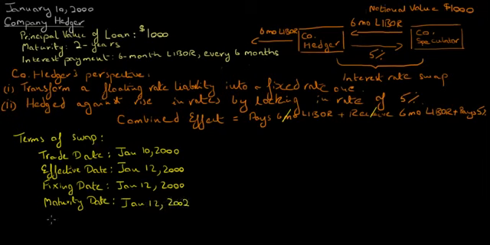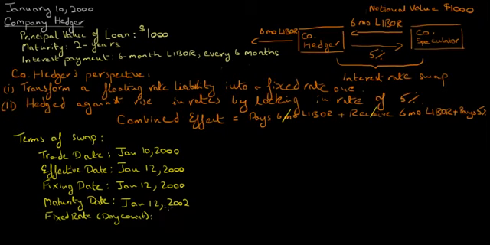The swap confirmation lists out the fixed rate that payer of the swap has to pay, as well as the day count convention. In a swap, the counterparty that receives the fixed rate is called receiver of the swap, and one that pays the fixed rate is called the payer of the swap. And day count convention helps us determine the number of days in a swap period over which the interest rate accrues.